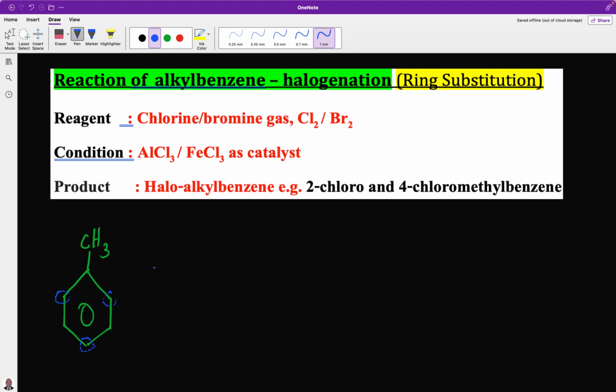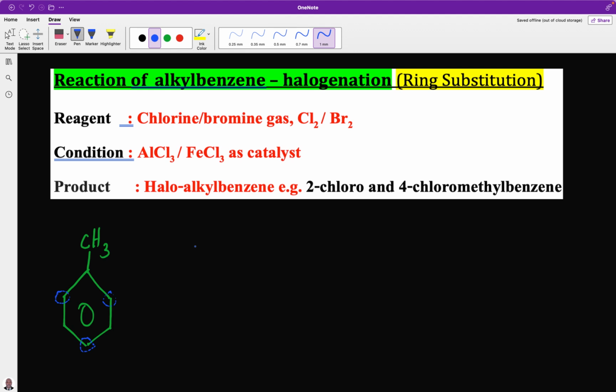For this reason, it activates the ring so that electrophilic attack will take place at the 2nd, the 4th, and the 6th position. These positions are where electron density is high.